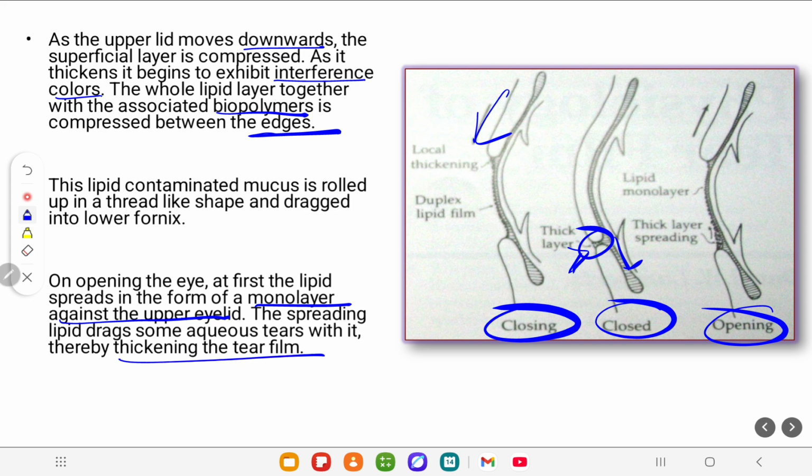So that's what happens whenever we close our eyes completely and reopen them, and how the lipid spreads.